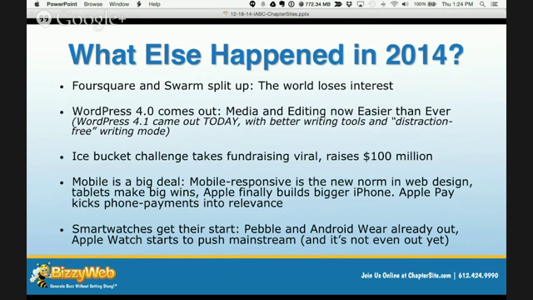What else happened in 2014? The big things that did pop up for folks that were big on Foursquare. Foursquare broke into two apps, Foursquare and Swarm, and that was right around the middle of the year, around June, July. And they pretty much lost everybody that was hugely loyal to the Foursquare platform.